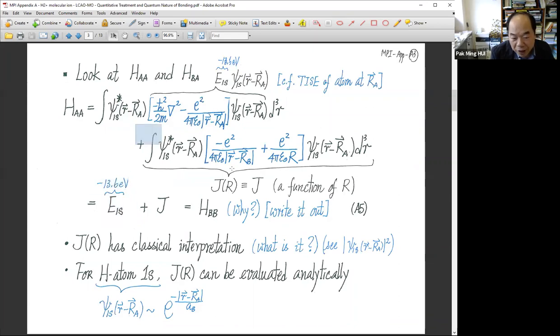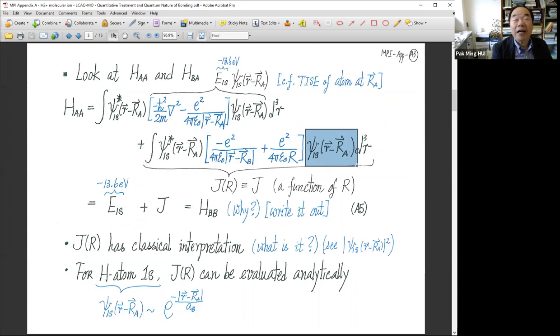The more interesting thing is this term. This is complicated, so for simplicity I just represent it by a symbol, but I know one thing. I see this left 1s times left 1s, this is left 1s squared.